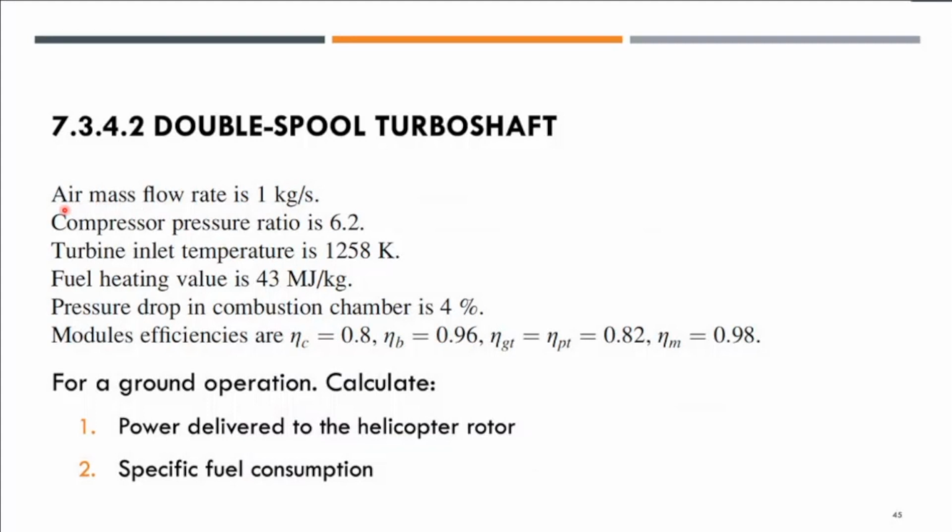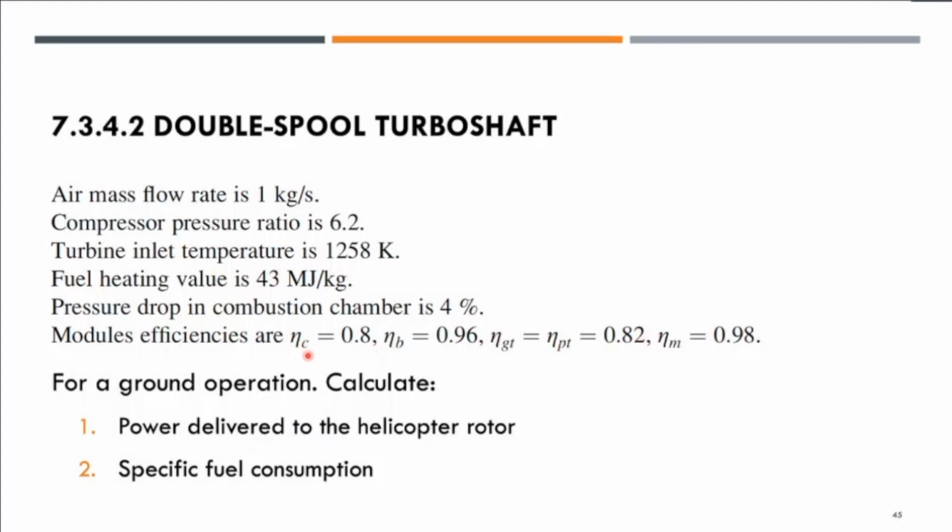Parameters given over here: the air mass flow rate, 1 kilogram per second; compressor pressure ratio, 6.2, which is the pi over there; turbine inlet temperature, 1258 Kelvin; fuel heating value, Q equal to 43 megajoule per kilogram; pressure drop in the combustion chamber assumed to be 4%; and the efficiencies for the relevant components for the turboshaft engine.